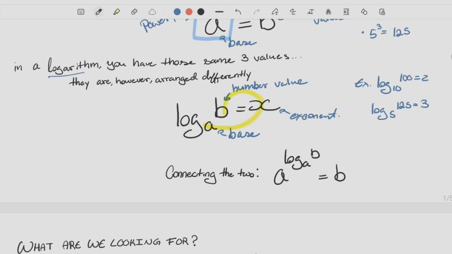Because once again, let's not forget that this value, log base a of b, is just our x, just our exponent, right? It's maybe a more messy way to write it, but it's a more descriptive way to write it. It's just the number that when a is raised to it yields b.